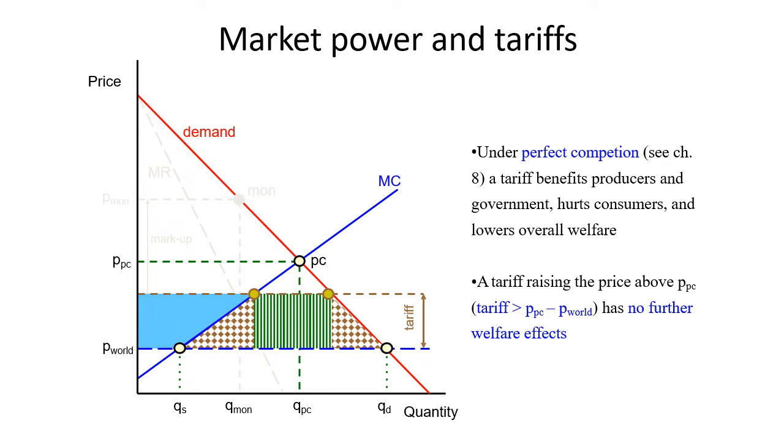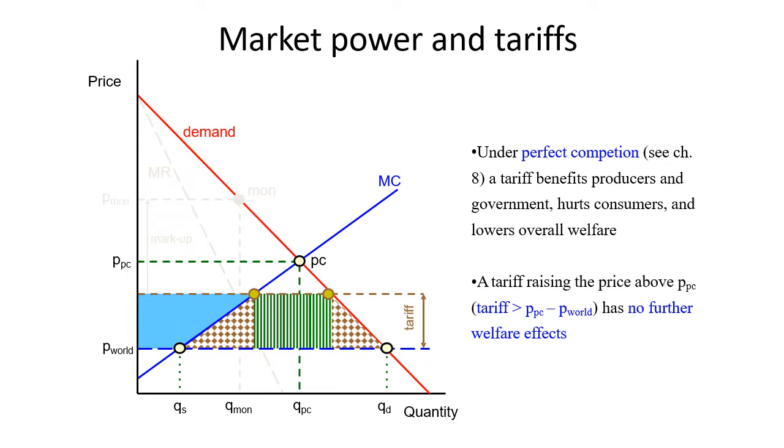autarky to free trade. Unfortunately speaking, maybe there's some lobbying from producers or government wants some revenue. What they now do is implement the tariff, which is the dotted brown line. And what that causes is consumer loss, a producer gain, and government revenue.